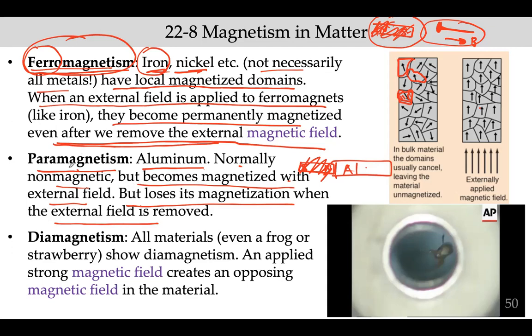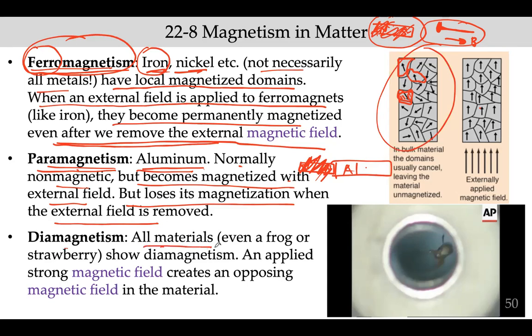But in the case of paramagnetism, the example here being aluminum, it becomes magnetized only if you have a bar magnet or any other magnetic field source in close proximity. Whenever you remove the bar magnet, it becomes demagnetized again, just like here. So it stops attracting metals. So that's paramagnetism. Now finally, diamagnetism.